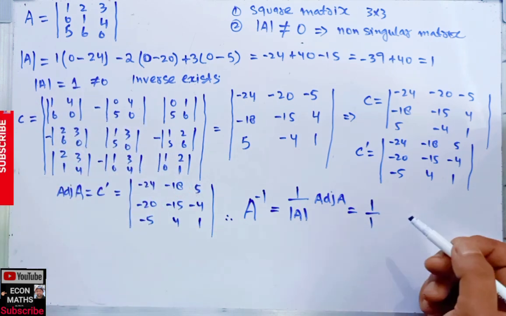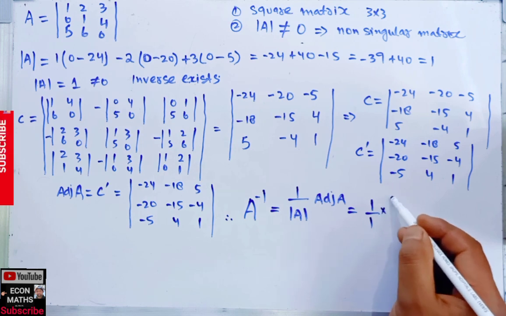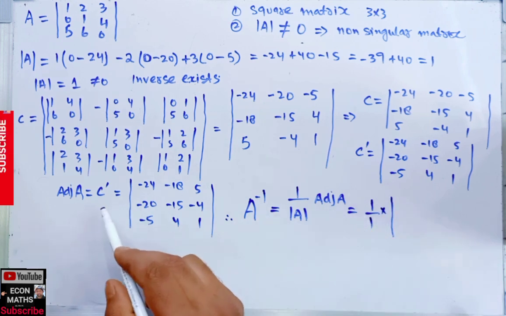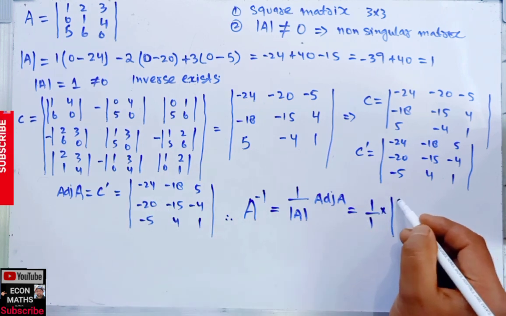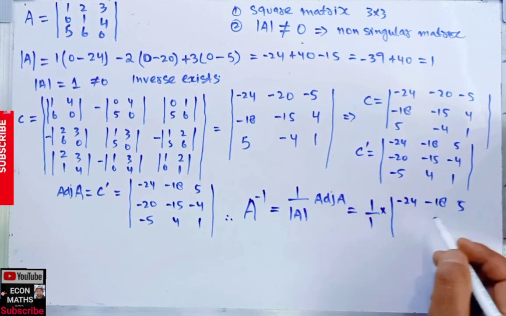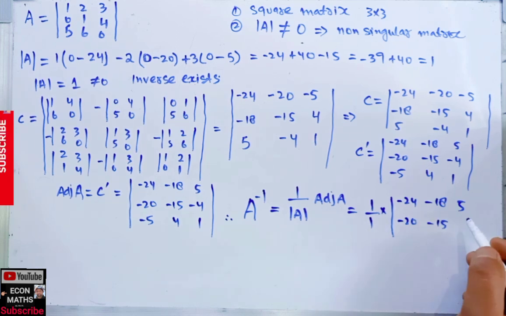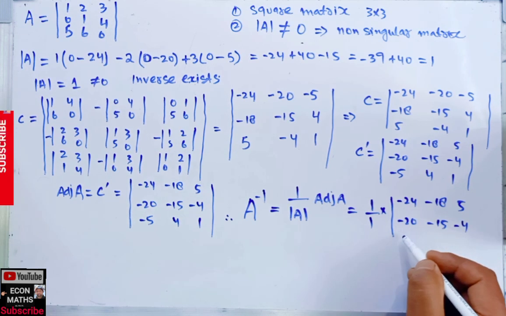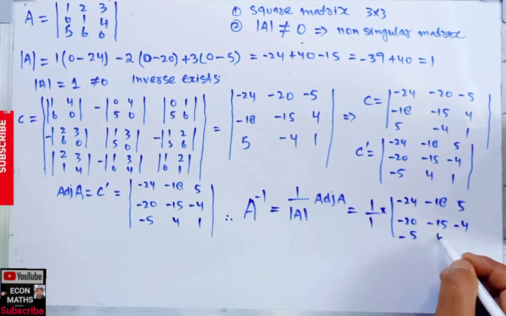Now multiply this with the adjoint which we got here, this matrix: minus 24, minus 18, 5, minus 20, minus 15, and minus 4, minus 5, 4, 1.